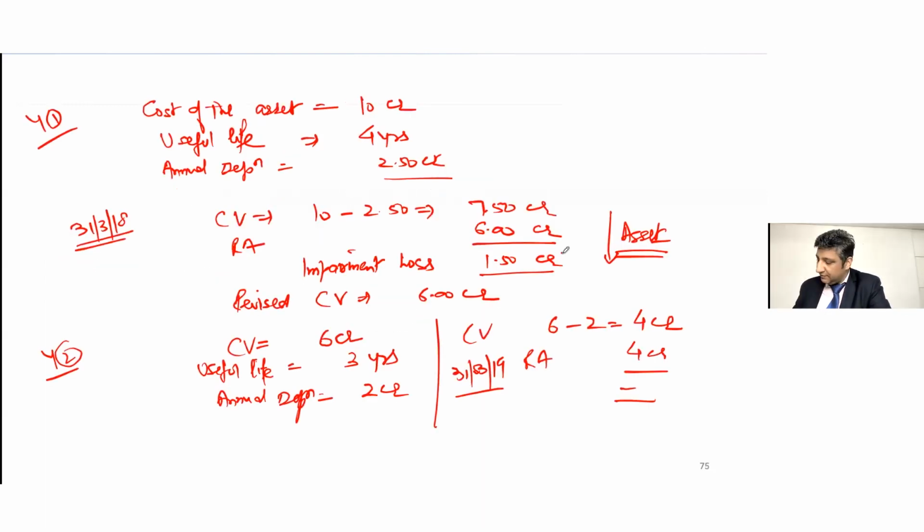But in the year 1, we had to charge an impairment loss of 1.5 crores. What are we trying to say now?